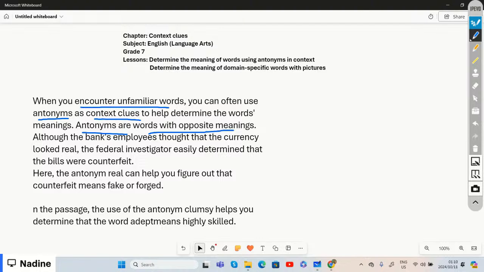All right. So when it comes to context clues, context clues are basically clues or words that you may use in order to determine what the meaning of those sentences or words are.